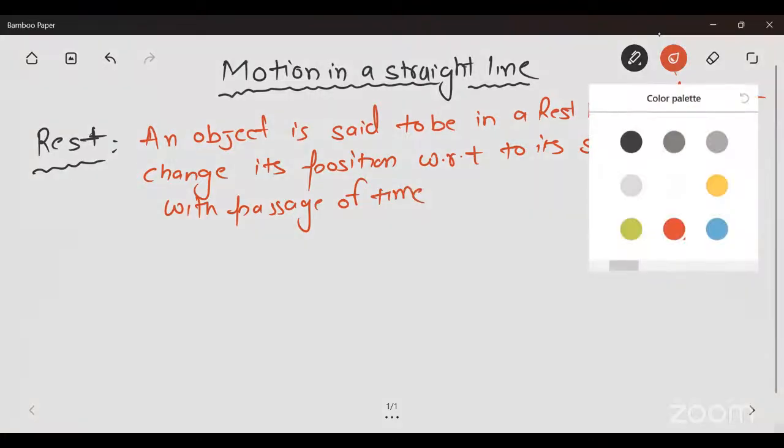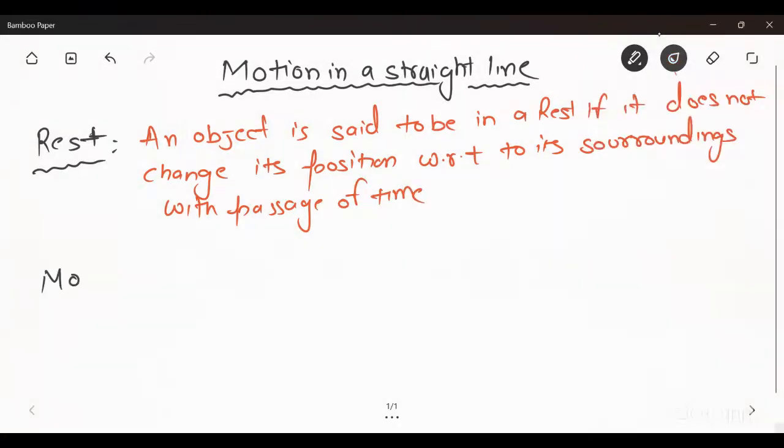Second one is motion. So what is motion?